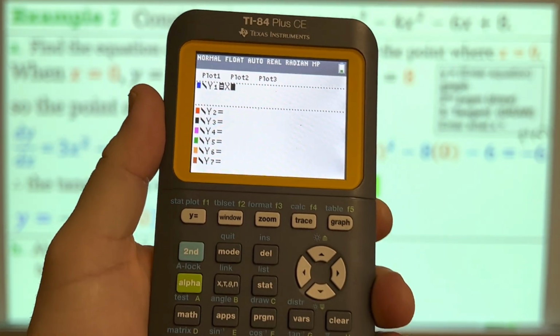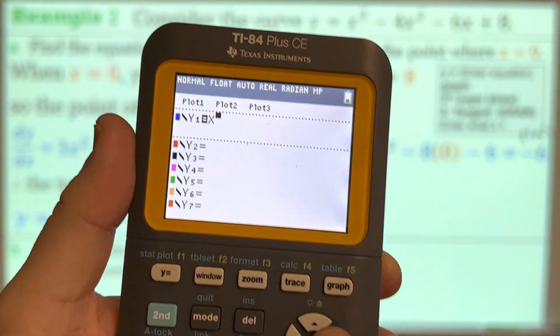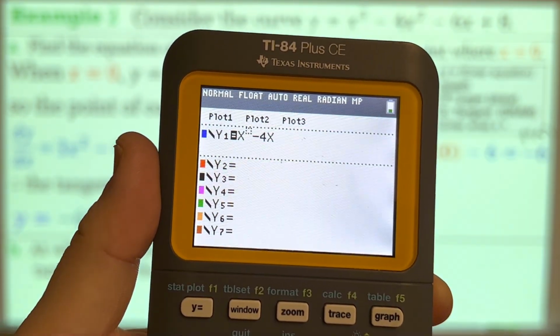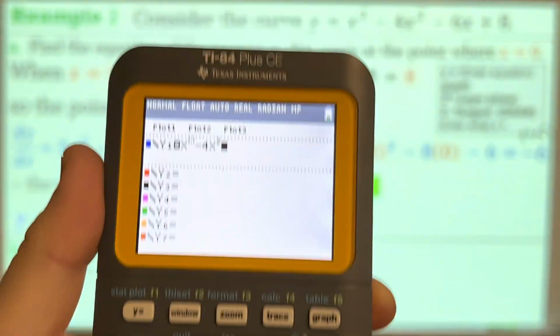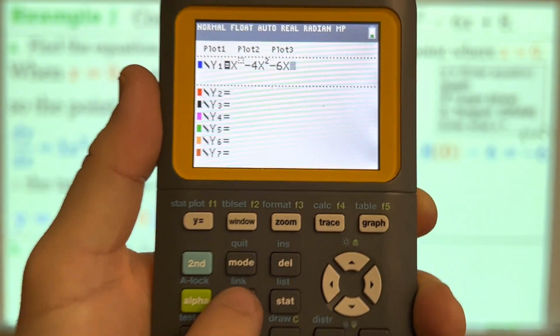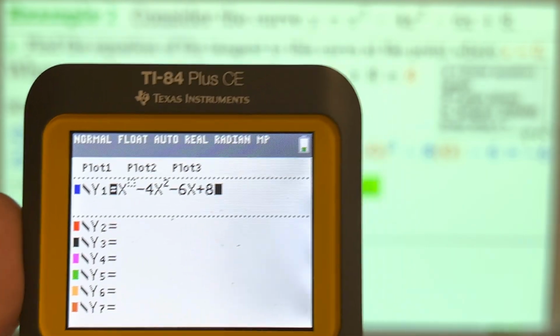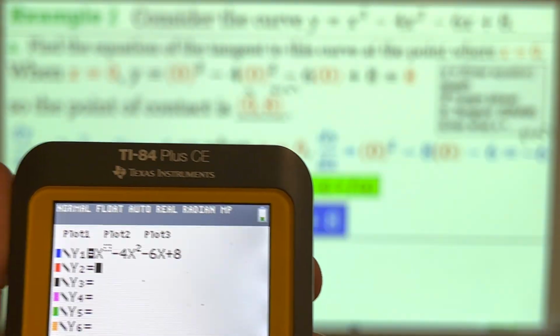X caret 3. You have to hit to the right, or else you're stuck in the exponent. Minus 4x squared, minus 6x plus 8. All right, so I entered my equation. I hit enter, and I graph it.